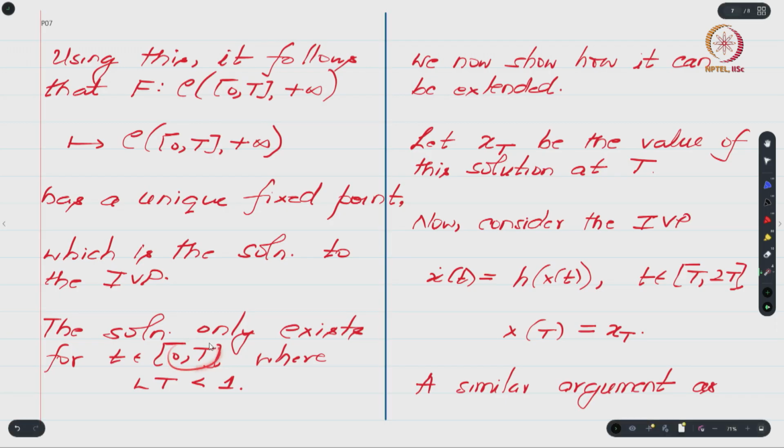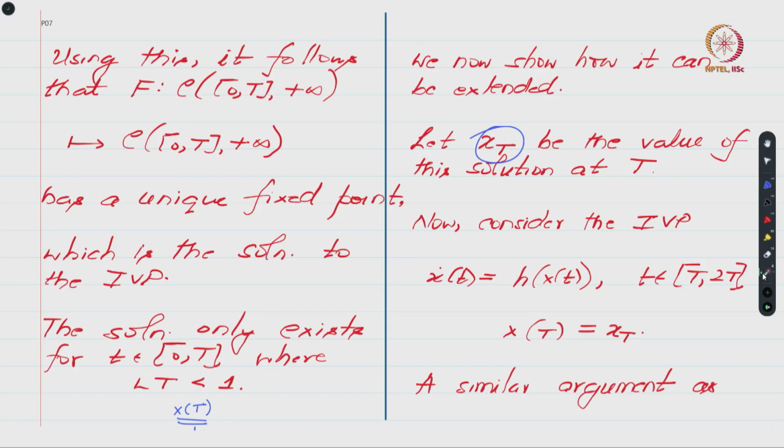Whatever is the value of the unique solution trajectory at time T, let us denote that as x_T. So the initial value problem has this solution x, and whatever is the value at time T, you call that x subscript T. And now you look at a different initial value problem, which has the same ODE, but now the initialization is different and you look at a different time window.